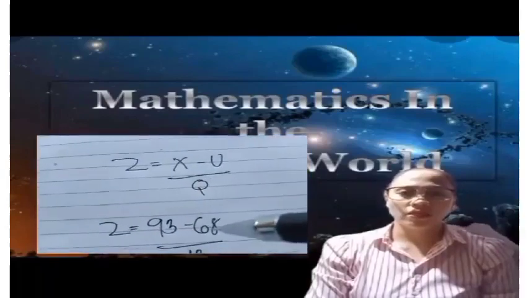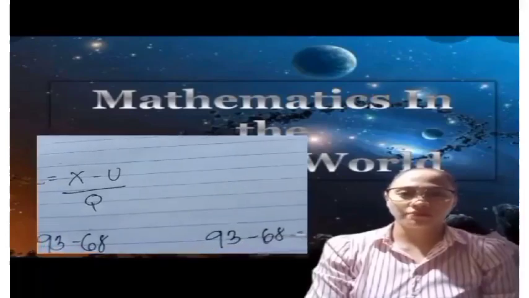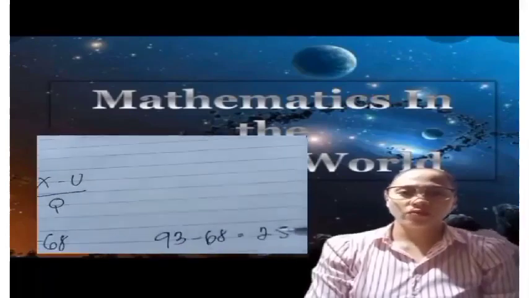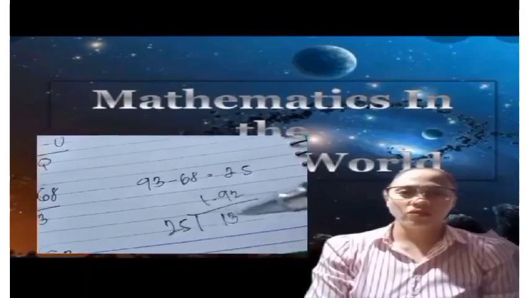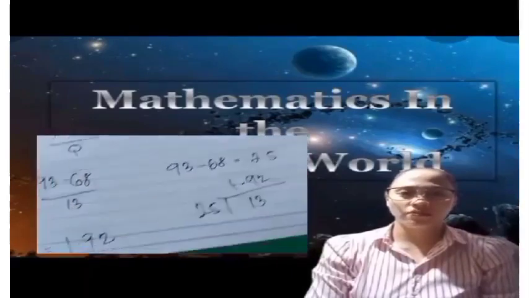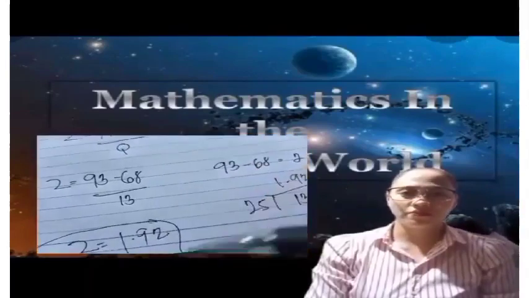Z equals 93 minus 68 equals 25, over standard deviation 13. After that, we need to divide 25 by 13 equals 1.92. So the Z-score equals 1.92.